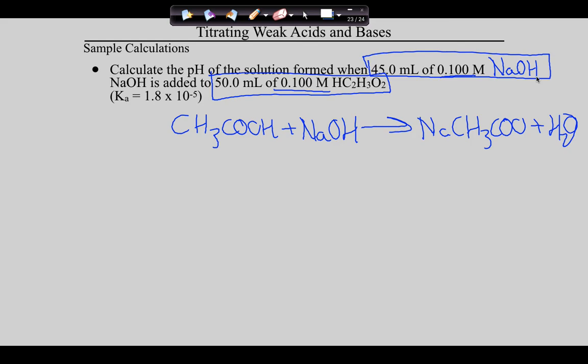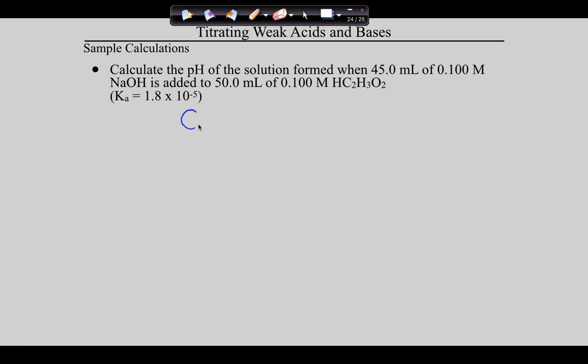Acetic acid, right? So when we add this to that, all of the base is going to consume the acid that it can, and then we're going to have a little bit of acetic acid that hasn't been consumed, and then that goes to equilibrium. Okay, then let's set it up. Sounds like you understand the chemistry, so let's do the math.